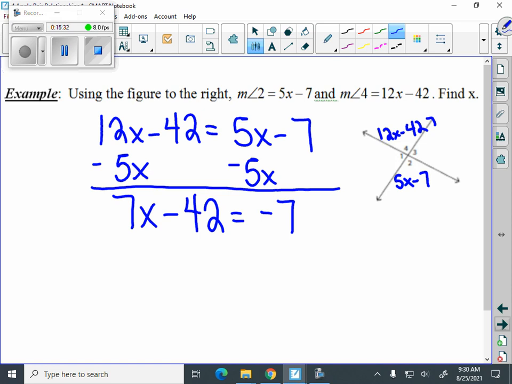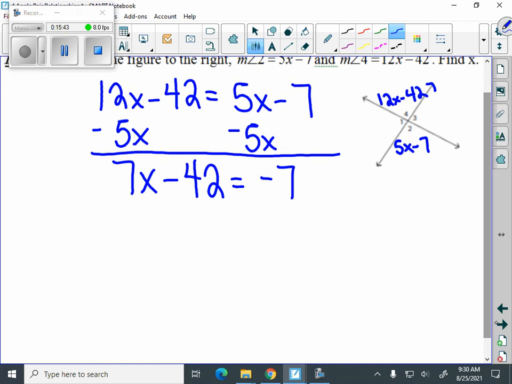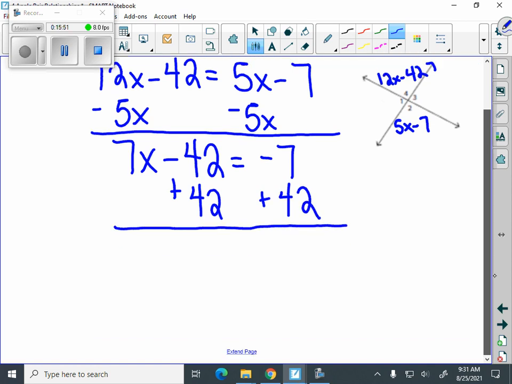Again, if you don't know what 12 minus 5 is, or maybe you do, but you're afraid that you're going to do it wrong, type it into Desmos. Then, we're going to move the 42 over here. So we're going to add 42 to both sides. And we end up with 7x equals, well, 42 minus 7.